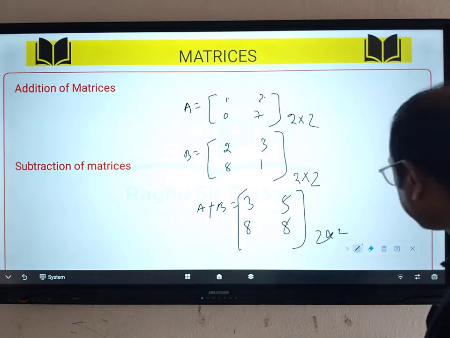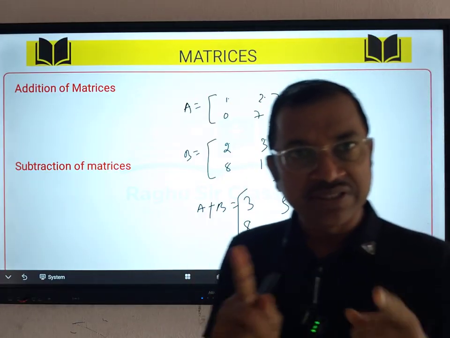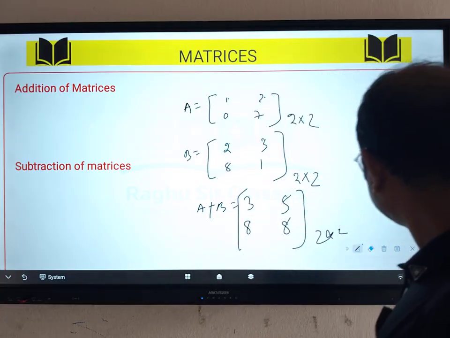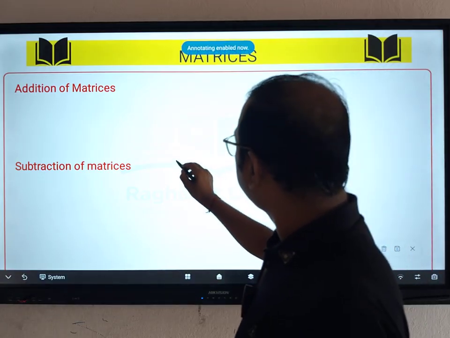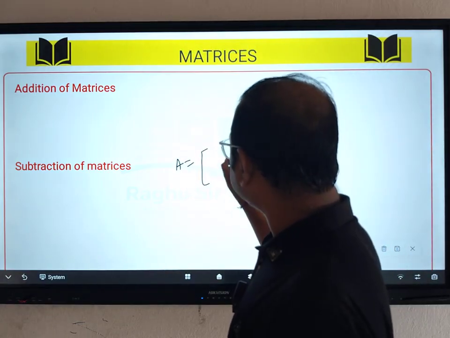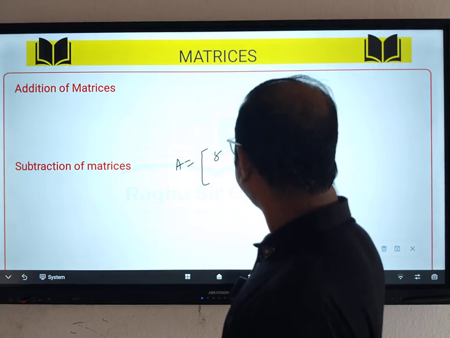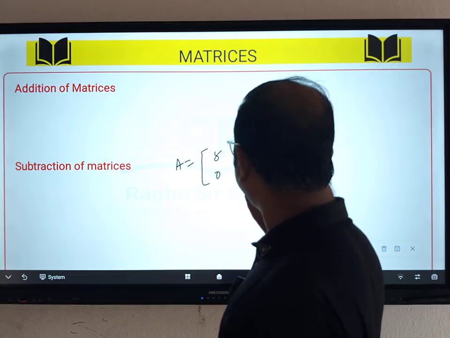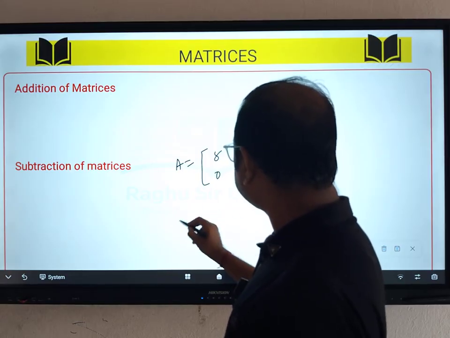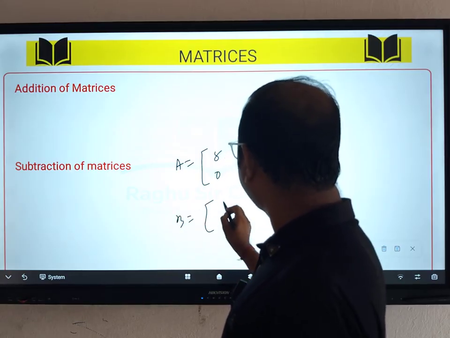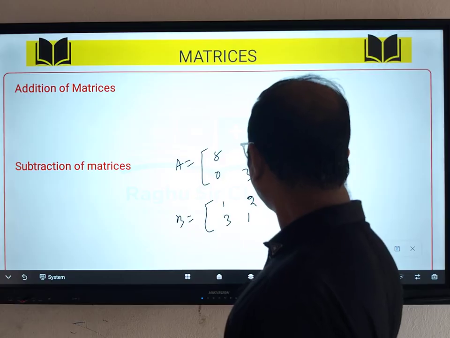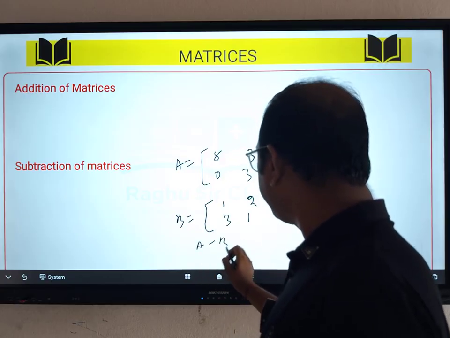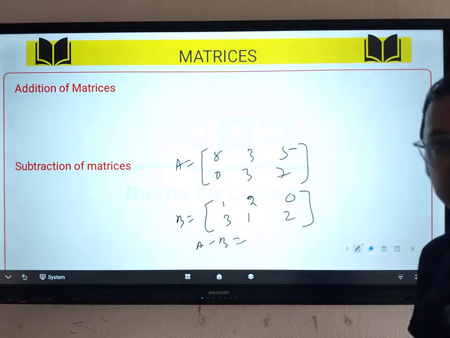two matrices; they must have the same order. Let us give an example. Suppose A is a matrix given as 8, 3, 5, 0, 3, 7. B is another matrix given as 1, 2, 0, 3, 1, 2. When you subtract A minus B, we subtract the corresponding elements.